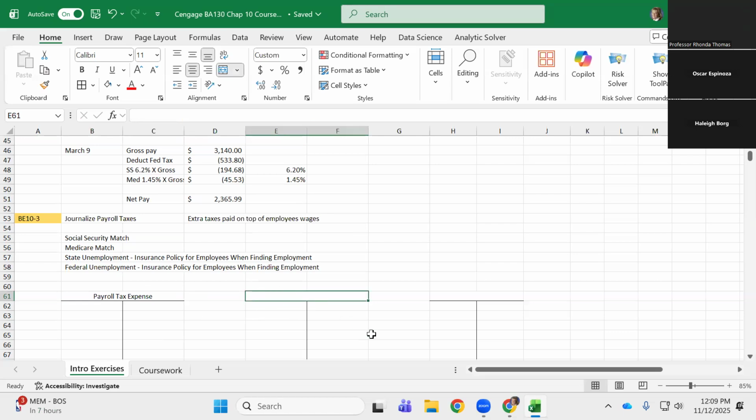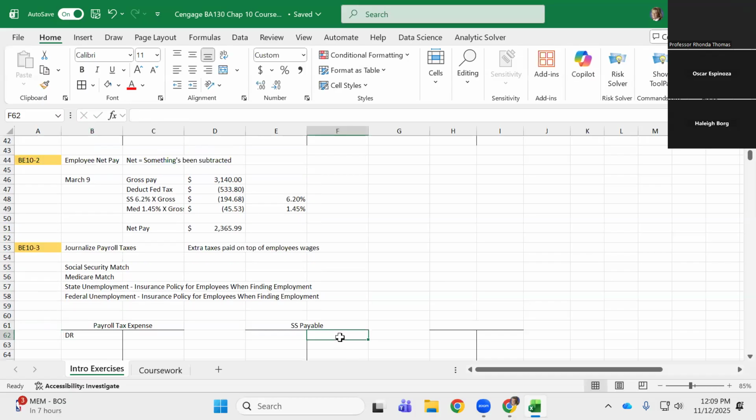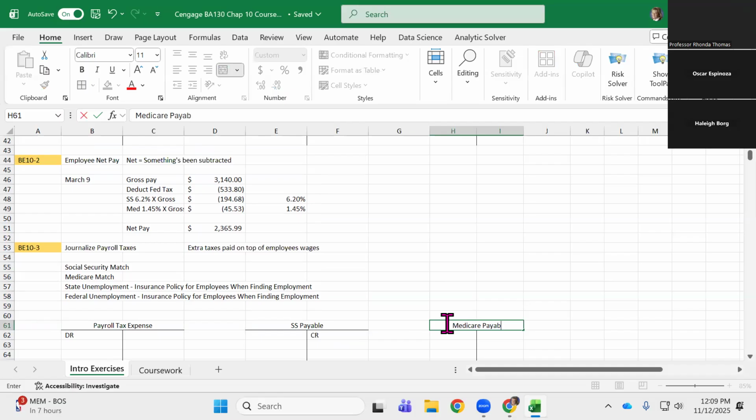We're going to have Social Security payable. Okay, so these are some new accounts that you would want to pay attention to. Okay, and then a payable always has a credit normal balance. Then we're going to have a Medicare payable because they are separate payments. So we want to keep them separate.